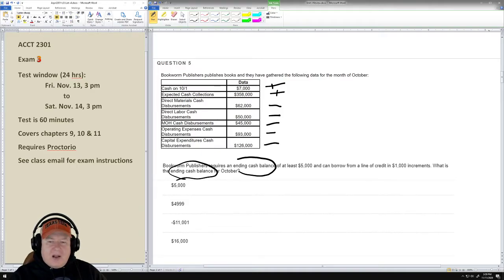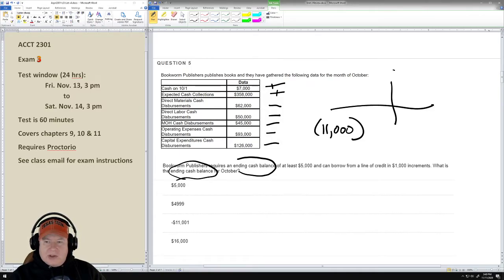So when you add it all up, this comes out to minus 11,000. In other words, they have more bills than they have cash. Well, it says they require an ending balance of 5,000, right? So if we look at this on a line where this is 0, and we want to have 5,000, we're actually at minus 11,000.